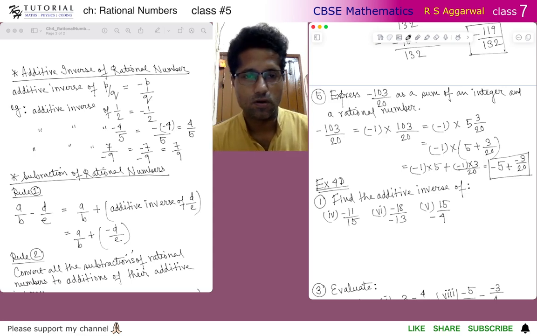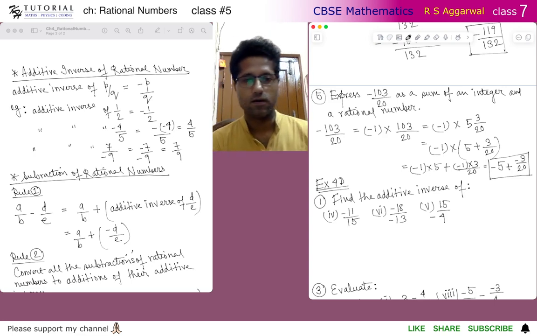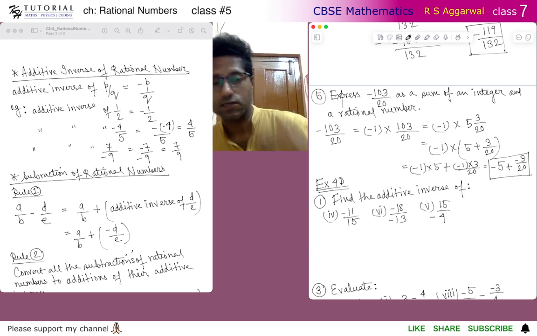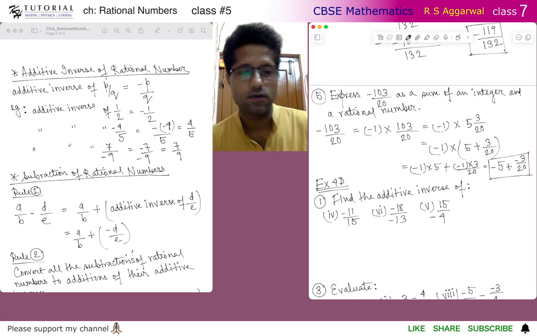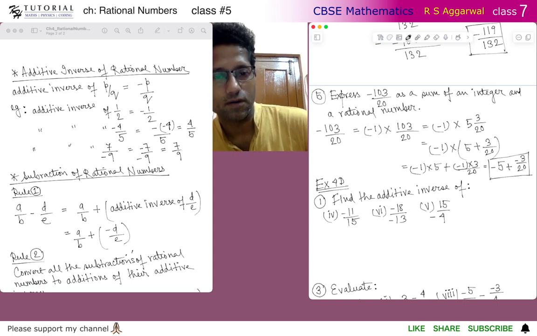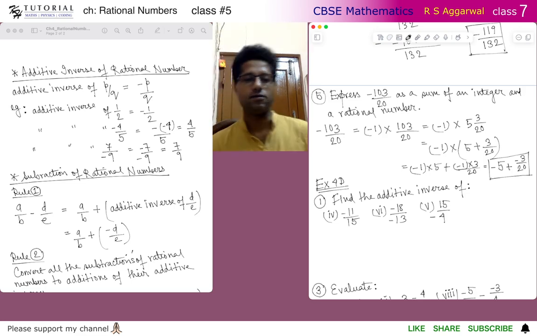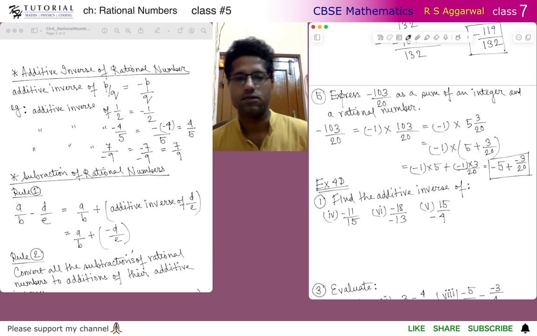So to find the additive inverse of minus 4 by 5, you change the sign of minus 4, which is minus of minus 4, that is 4. So it becomes 4 by 5. Similarly, the additive inverse of 7 by 9 is you change the sign of the numerator, it becomes minus 7 by 9. So that is the additive inverse of a rational number.